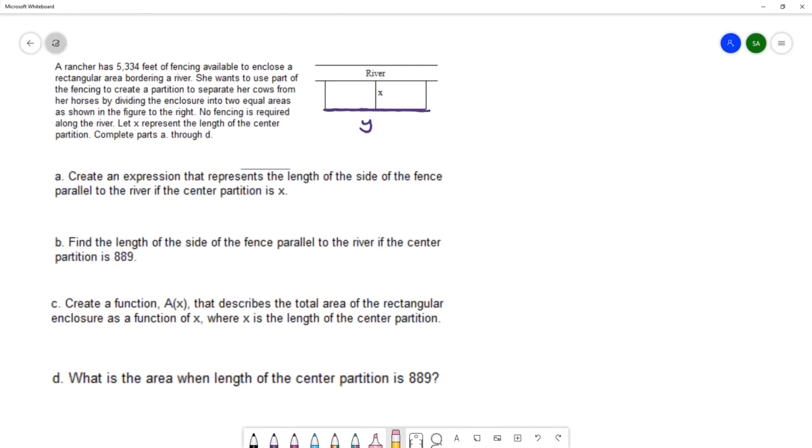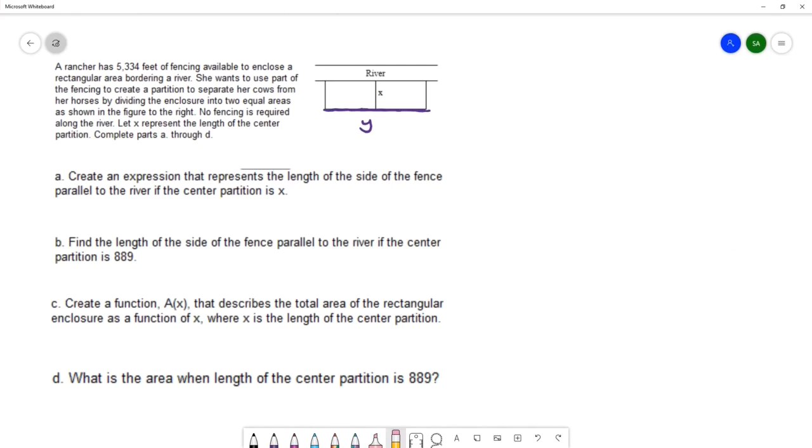So they're going to give us a value of X, and we're expected to find the length of this fence here. We want to create a function that represents area. So it describes the area of these 2 pastures as a function of X. And then finally, we're going to find the area when that center partition is 889.